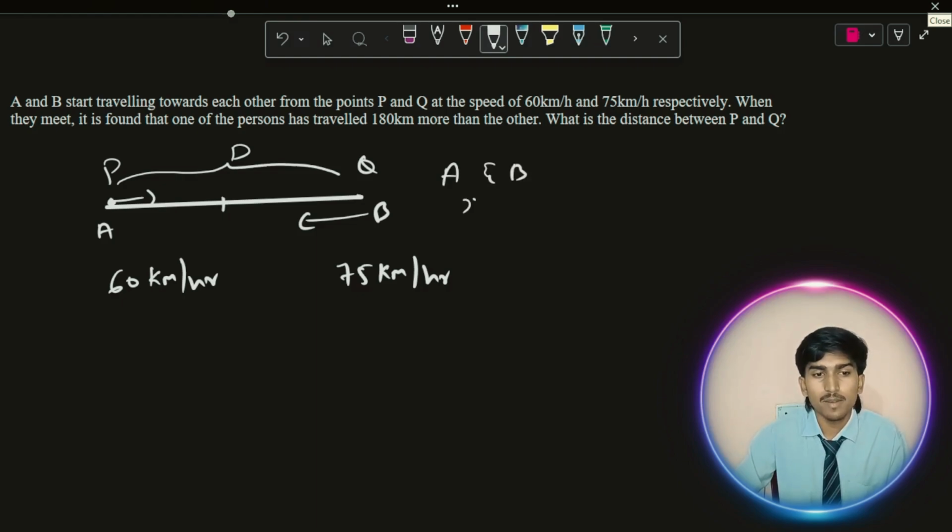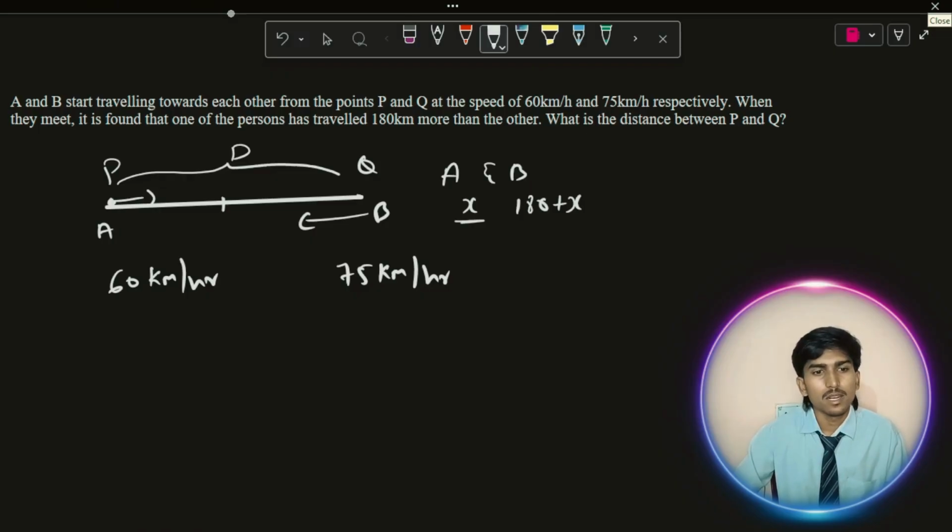For example, if A traveled X, then B traveled 180 plus X kilometers. If I travel 20, and you travel 40 kilometers more than me, that means 60 kilometers you travel.